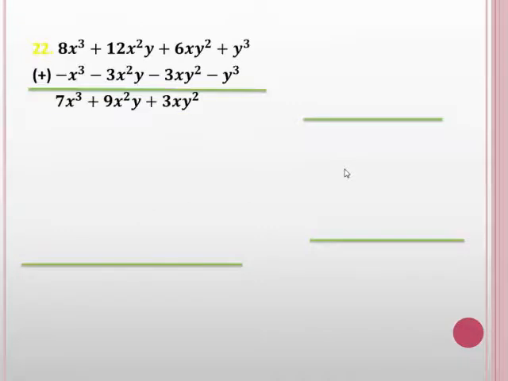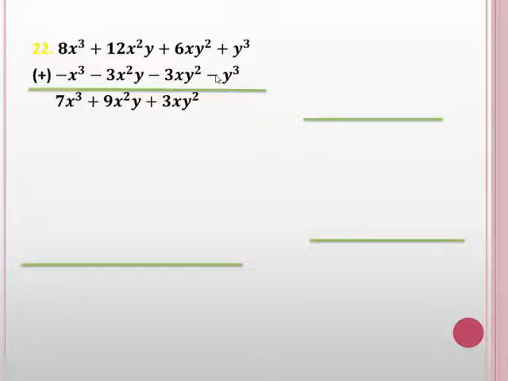Now students, there are more questions from the same exercise. 8x cube plus 12x square y plus 6xy square plus y cube. The second expression is minus 8x cube minus 3x square y minus 3xy square minus y cube. Now students, here we add both expressions, but as you see, both terms have the same coefficient 1 and the same exponent, so they are like terms, but with opposite signs.